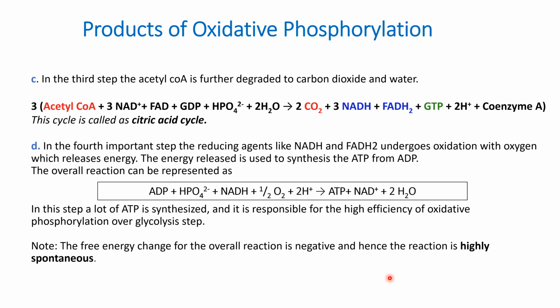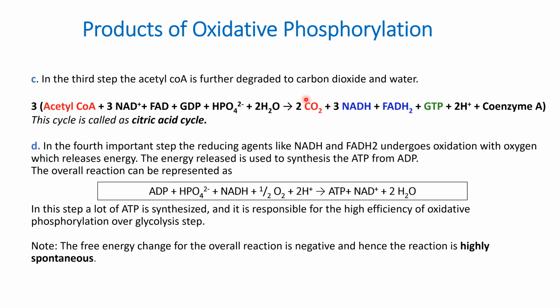Now the next is the third step of the one major step, which is the breaking of food into carbon dioxide. This acetyl CoA, plus 3 NAD, FAD, GDP, phosphate group, and water, eventually converts into carbon dioxide.